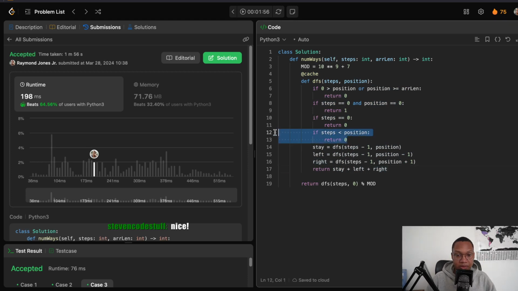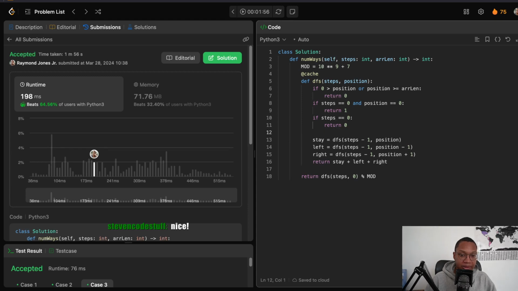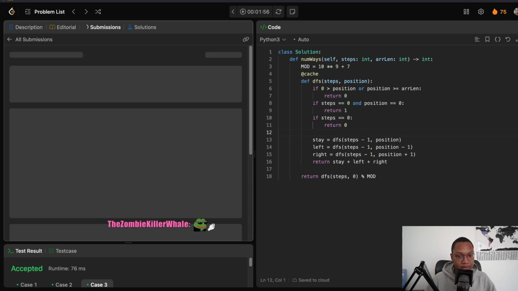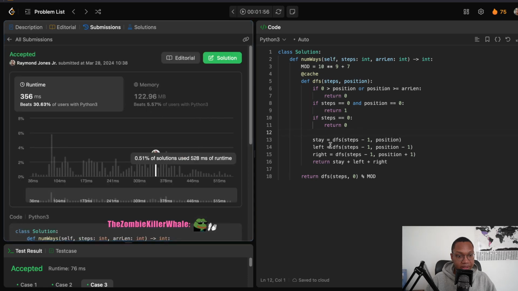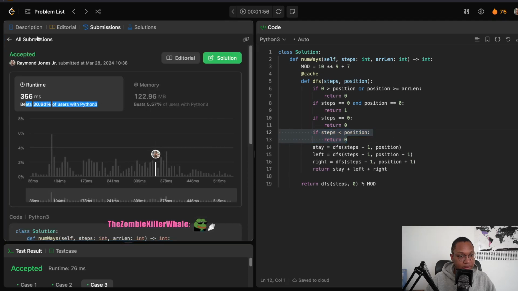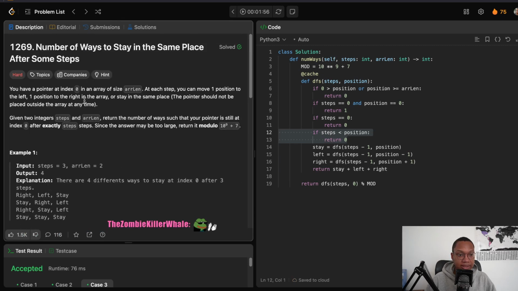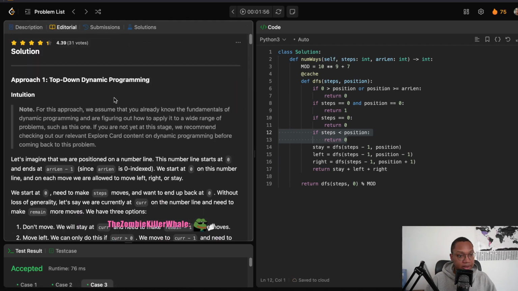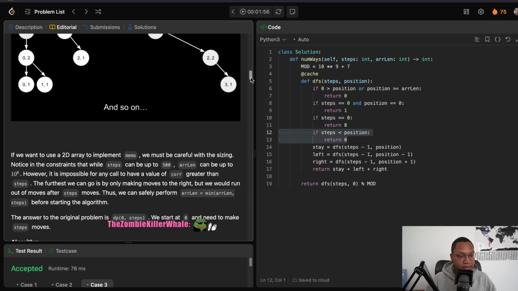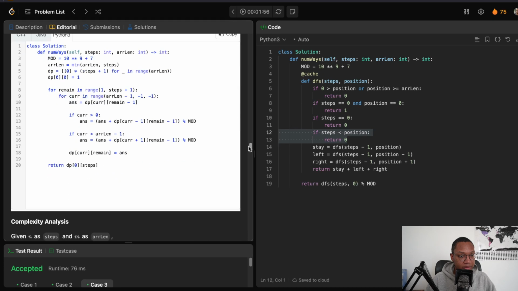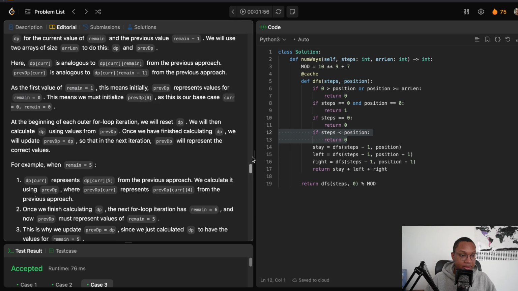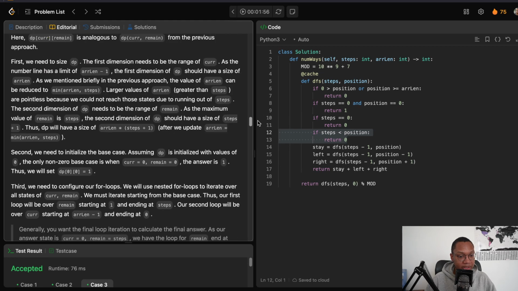I wonder if this works without the steps thing here, or if that was necessary or not. No, it's not even necessary, but it does make a difference for sure. Easy clap. Let's see if there was any other things. Top down, bottom up. Bro, I still have no idea how to do bottom up DP.